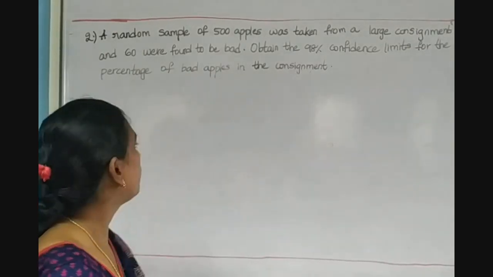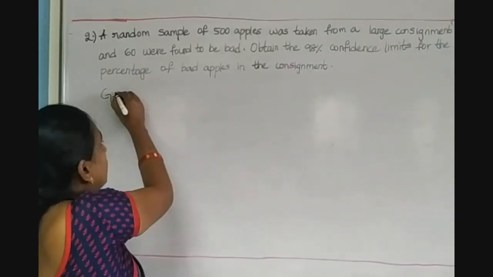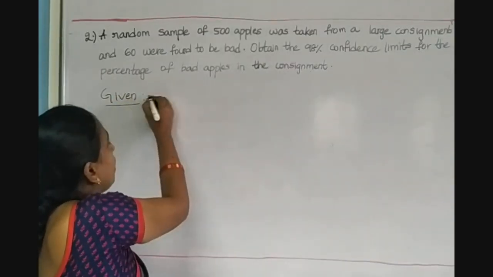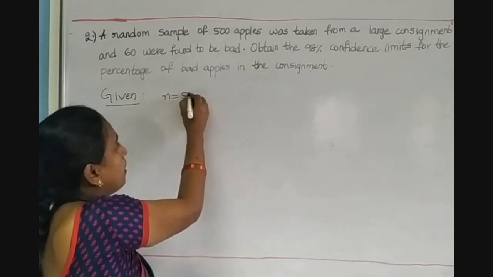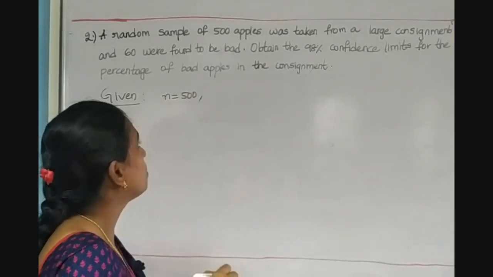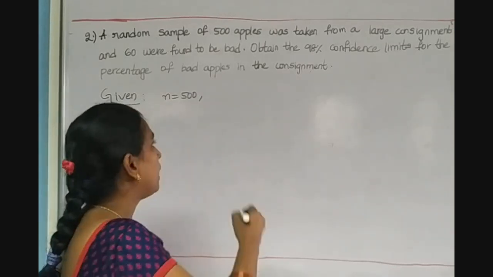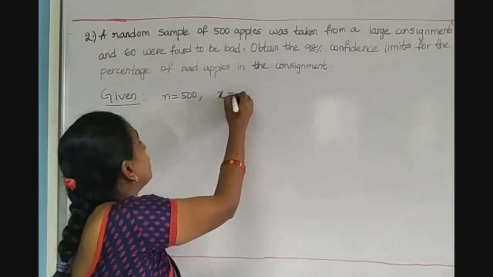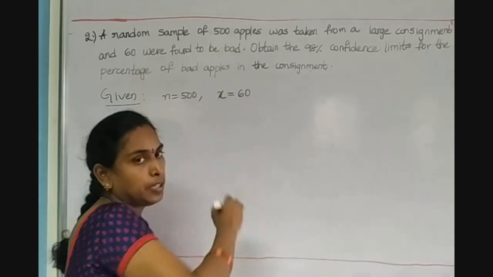For that, here they have given that n equal to 500, and among 500 apples 60 were found to be bad, that is, x is given as 60.